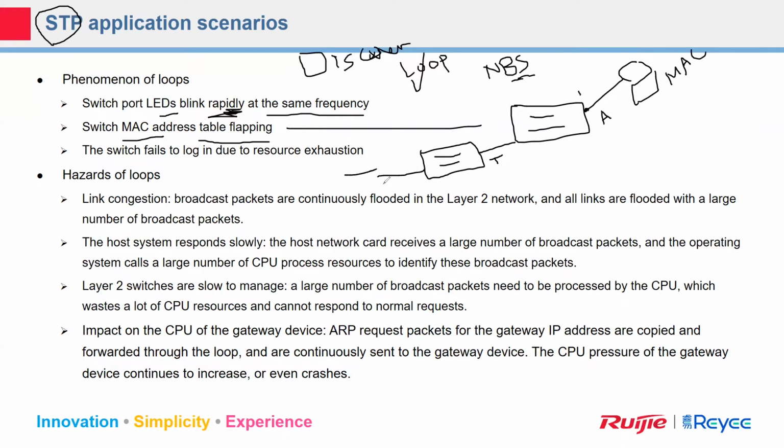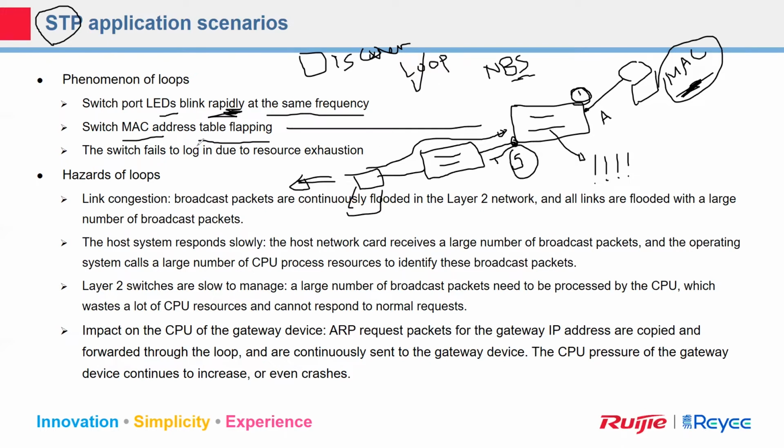Let's say that a PC or maybe something else behind that switch sends the same MAC address from that port, which is port 5. So this switch will think, I'm receiving the same MAC from port 1 and port 5. How come? So this is called MAC address table flapping. It indicates that there is a loop.